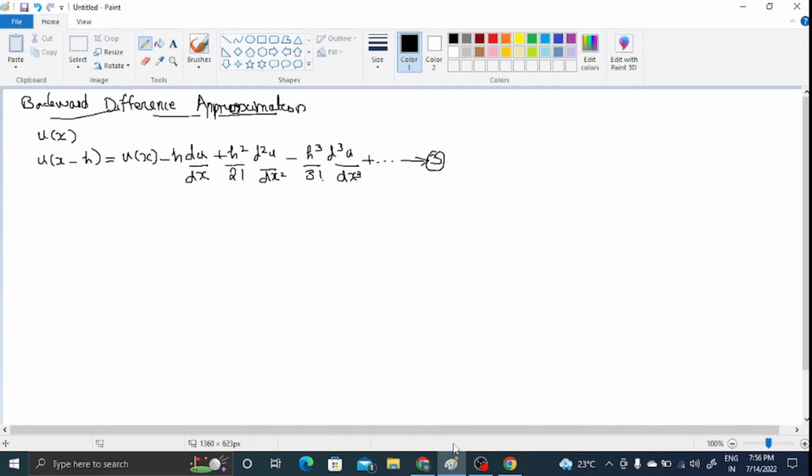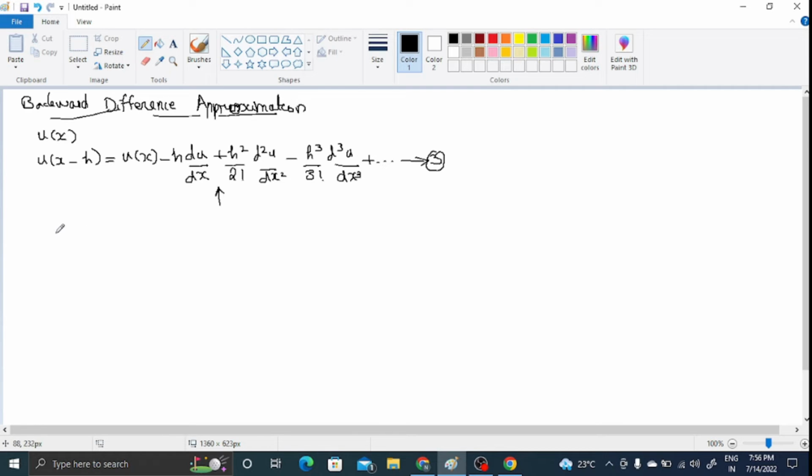Okay. So now, like the previous slide, we are going to terminate after the first order, which means we are going to remove the second order and higher order terms. So what can we write?